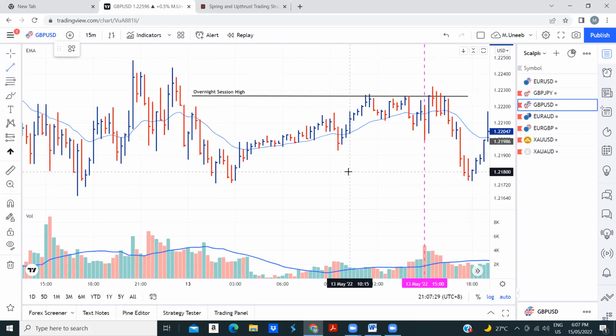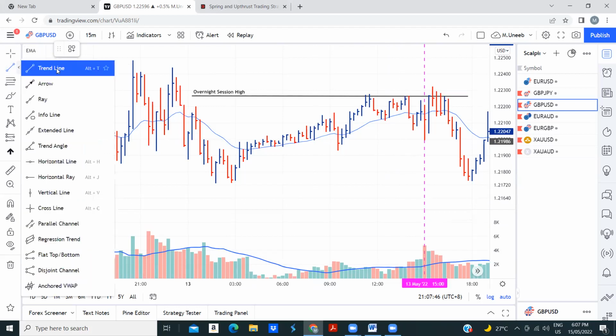The overnight session low would be the point in the time between the New York session close and Asian close. The Asian close is already here, you know that. The New York session was closed. I draw another vertical line to mark the New York session close.